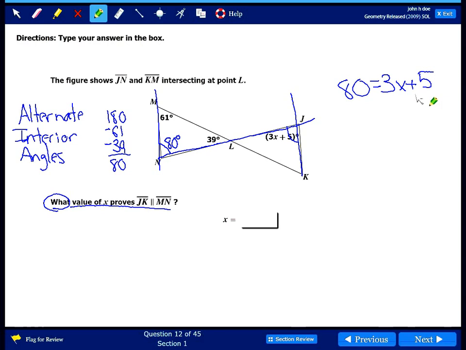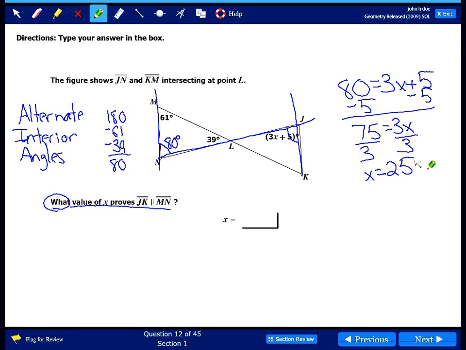So it's a simple algebra problem. I subtract 5, and then I divide by 3. So x is going to be equal to 25. So how we enter it, we use the pointer tool, we go down here, and we punch in 25.